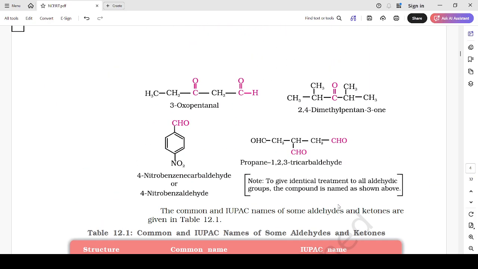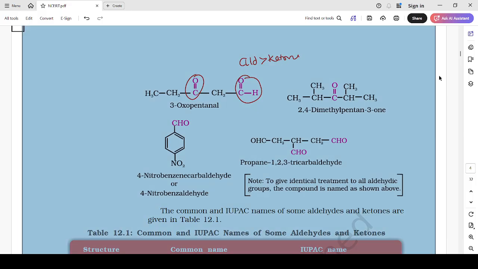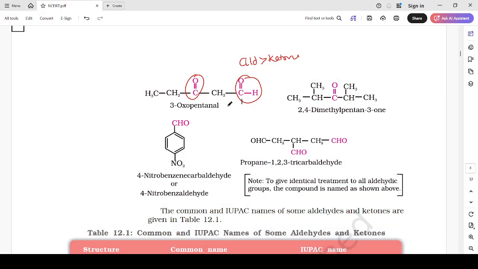Let's go for it. When I'm having ketone also there, aldehyde also there, the preference is for aldehyde over ketone. 1, 2, 3, 4, and 5.